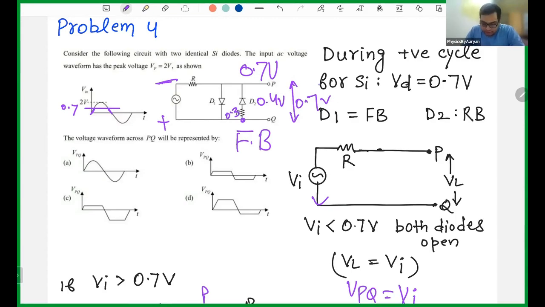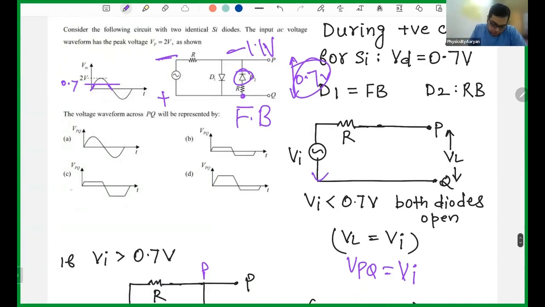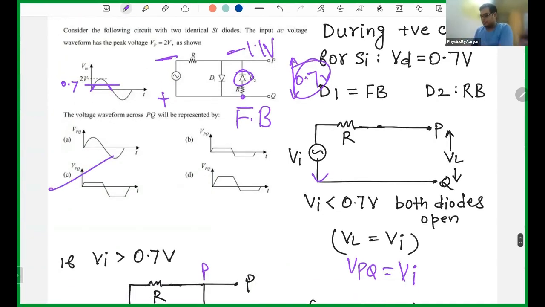So at 0.7 volt, I am not getting forward bias, because some of the voltage is also going to the resistor. So in order to make this forward biased, I have to have, let's say, minus 1.1 volt. Only then this will get forward biased. So I need more negative voltage than 0.7. That is why your graph number C is correct.